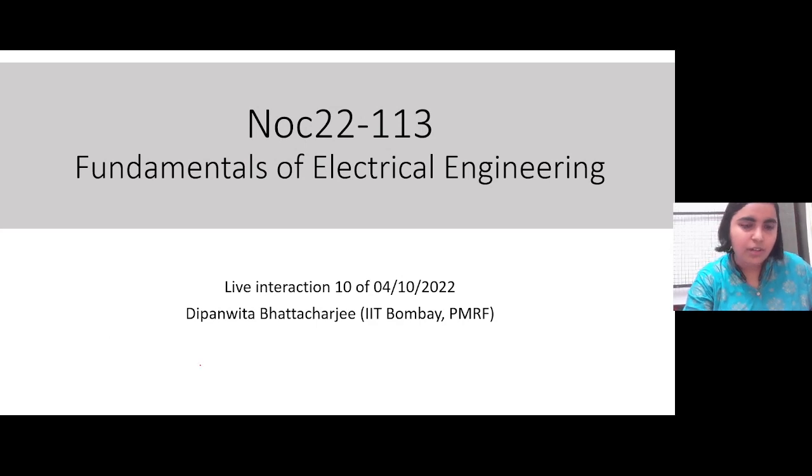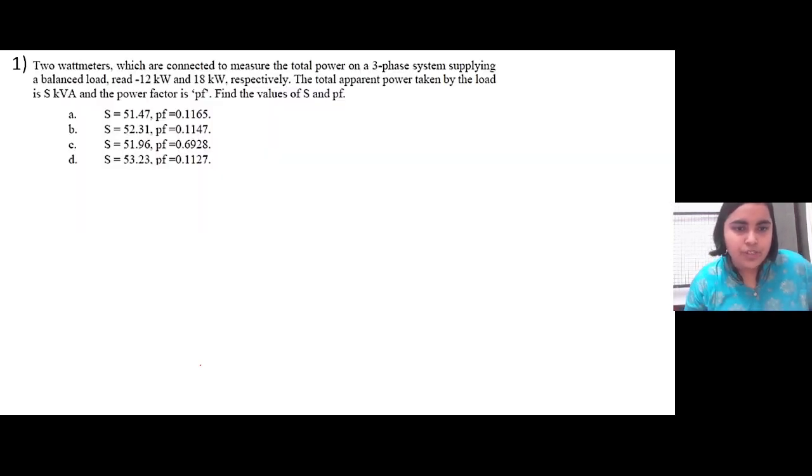Sir has taught about magnetic circuits this week. So in continuation with three-phase and magnetic circuits, we'll be solving a few problems. The first problem today is about the two wattmeter method of measuring power, in which the total power on a three-phase system supplying a balanced load is measured. Both wattmeter readings are minus 12 kilowatt and 18 kilowatt respectively.